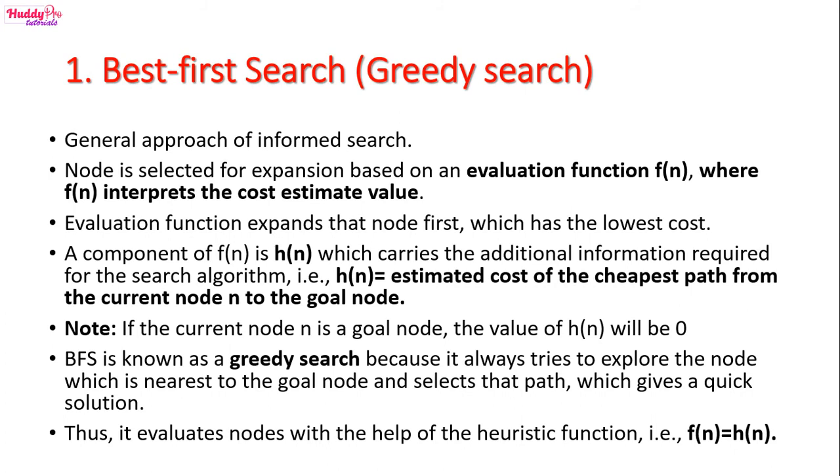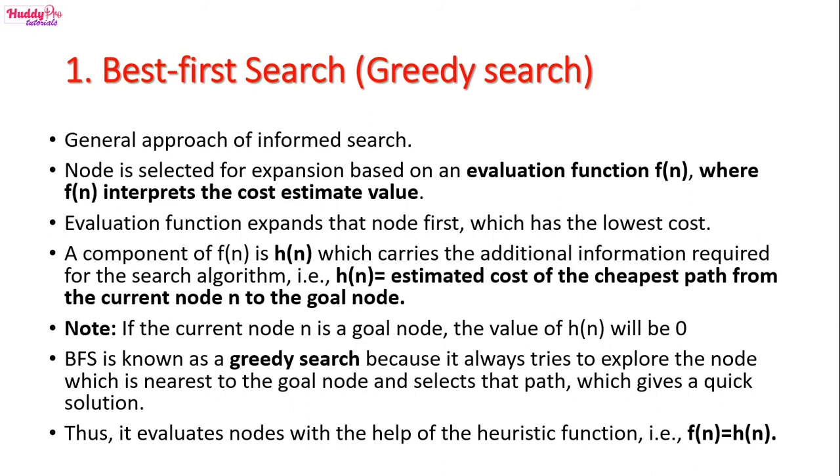A component of f(n) is h(n), the heuristic function, where f(n) is the evaluation function. And h(n) carries the additional information required for the search algorithm. That is, h(n) is equivalent to the estimated cost of the cheapest path from the current node n to the goal node. What's the estimated cost of the cheapest path from the current node to the goal node?